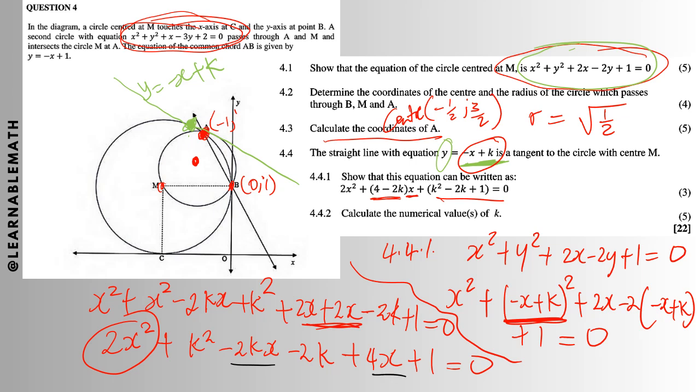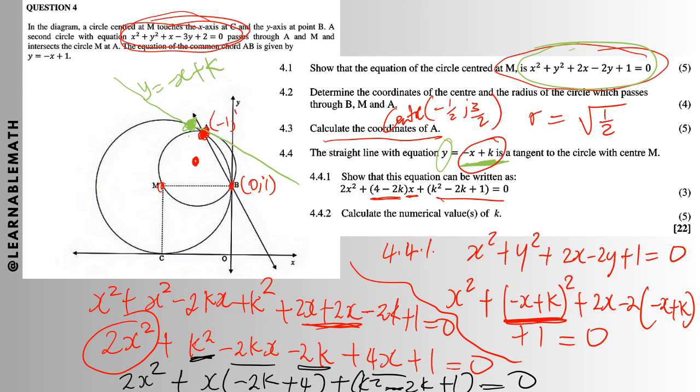So if you see 2x squared, the ones that have x, if you take x, you'll be left with minus 2k plus 4. Then the rest is just k squared minus 2k plus 1. Okay, then you can now see that it's written the way they want.